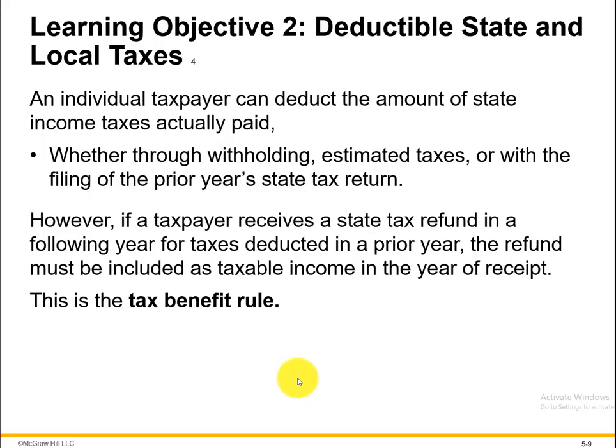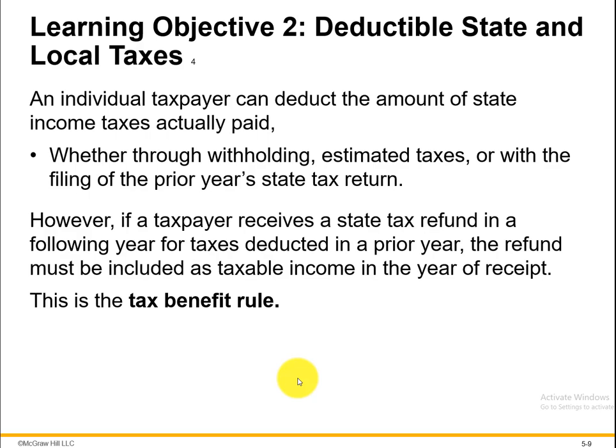When you deduct the state income taxes, remember you could pay that as withholding taken out of your check, or you can make estimated payments, or you could have paid it when you sent in your return because you got it wrong. But you have to be careful, as we've discussed earlier in other chapters. The state tax refund may need to be included as income.